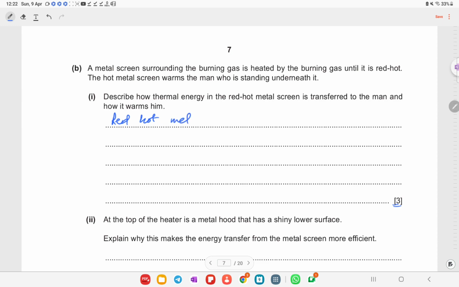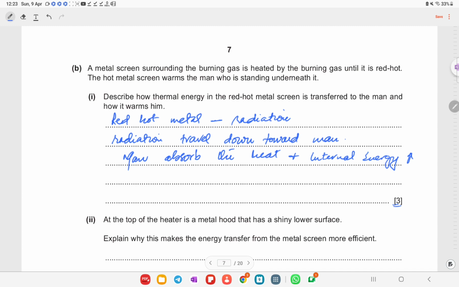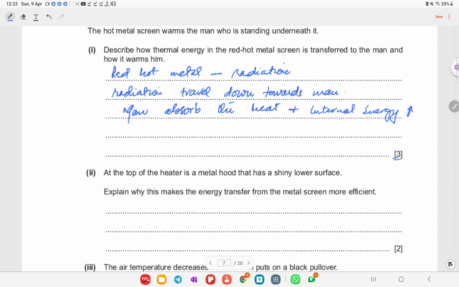Red hot metal is transferring its heat by the process of radiation to the person. Radiation travels downward. Okay, so this is how it is going to be processed. Radiation travels down towards the man, and the man is going to absorb that heat, and his internal energy is going to be increased.